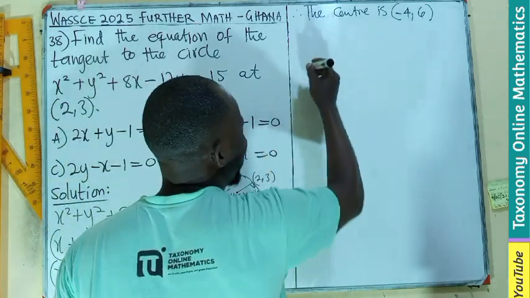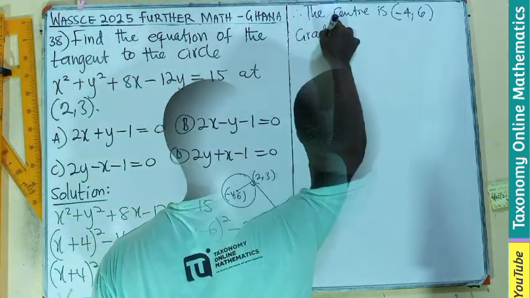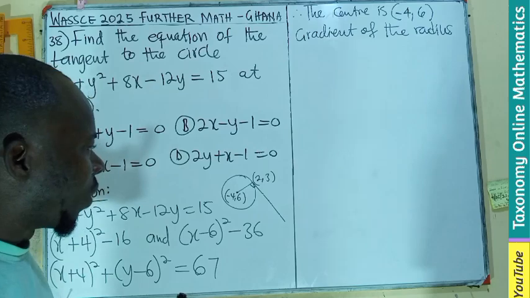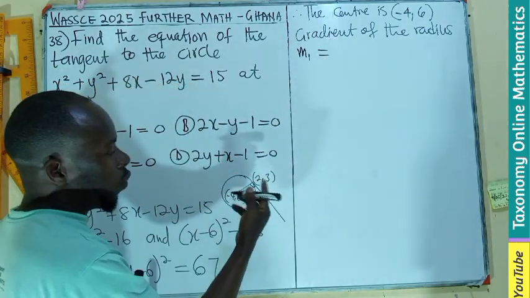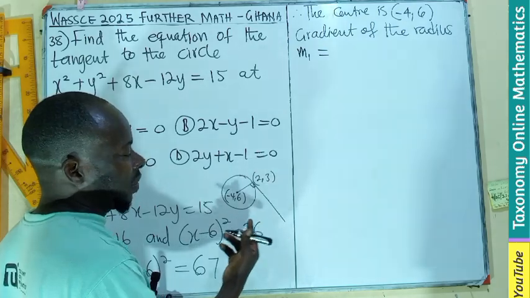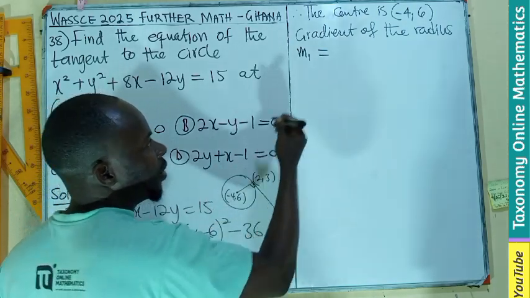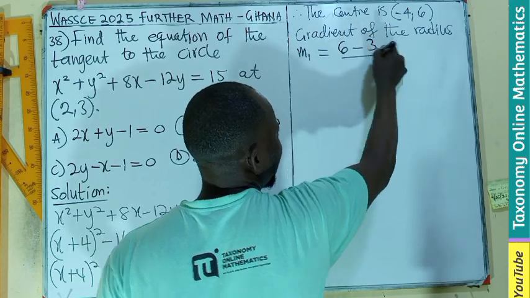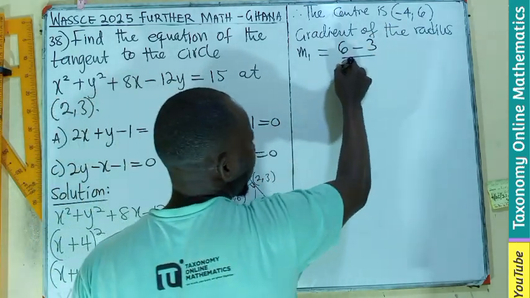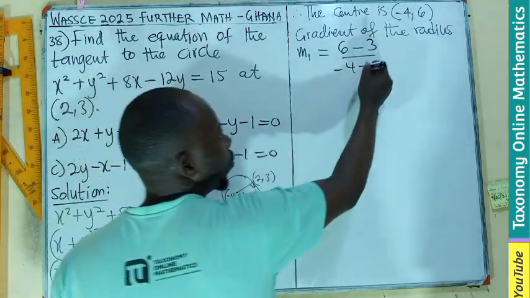What do I need? I just need to find the gradient of the radius. What will be the gradient of the radius? I have m1 equals the change in y over the change in x. Let's begin from here: 6 minus 3 divided by minus 4 minus 2.